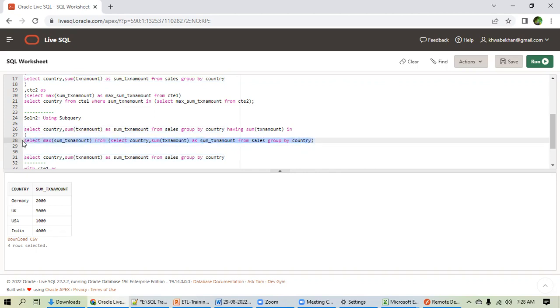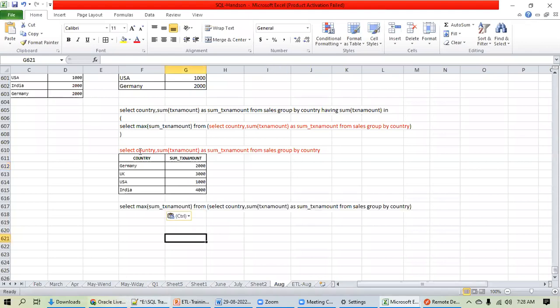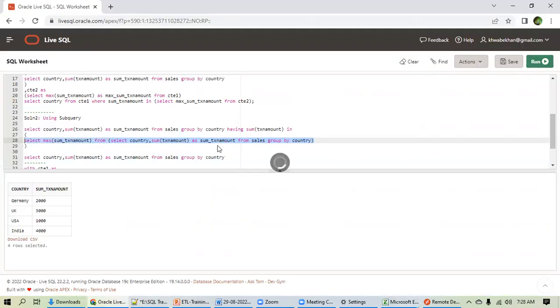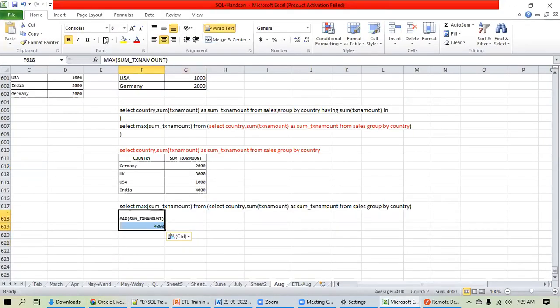Now if I run this query, this is the second part. Maximum was 4,000, right? So it has given you 4,000. Any questions so far? This has to be clear. Very important concept of SQL. Any question here?